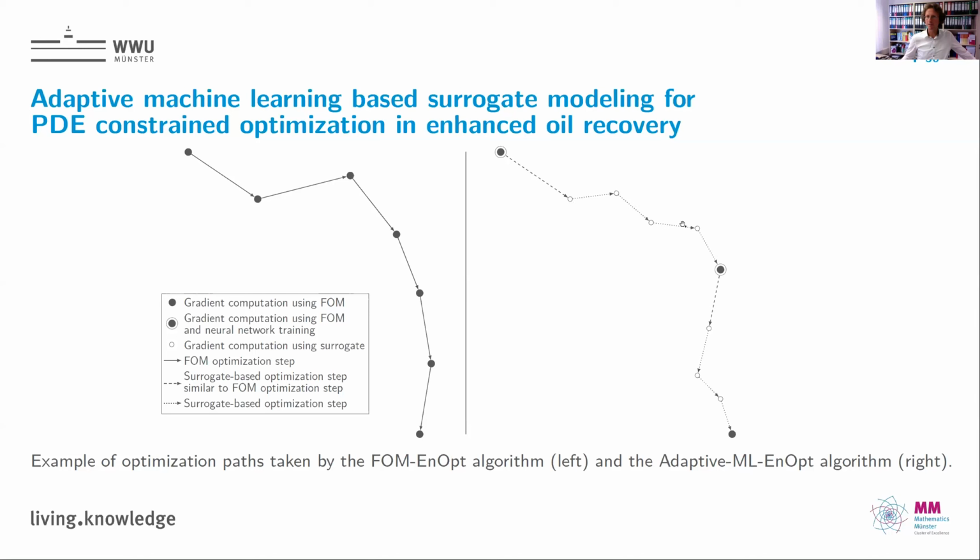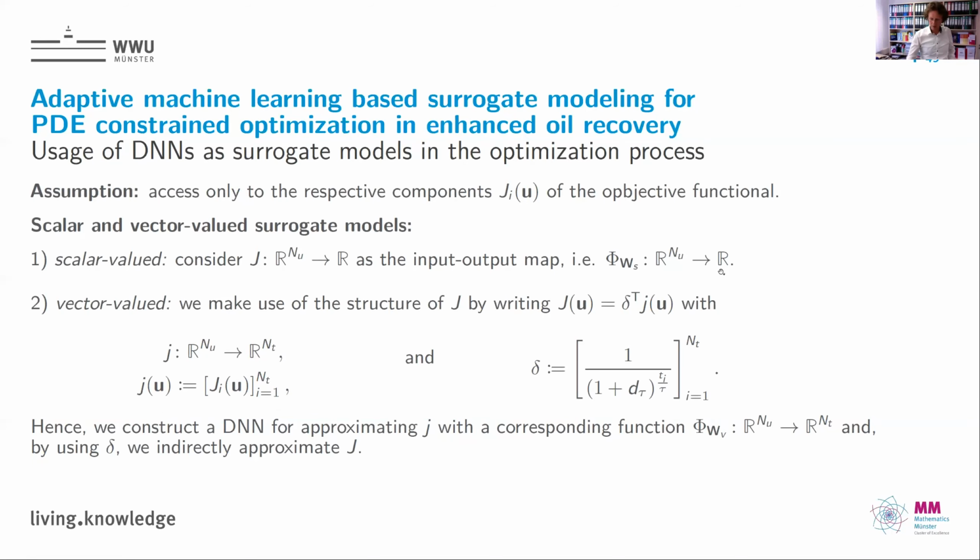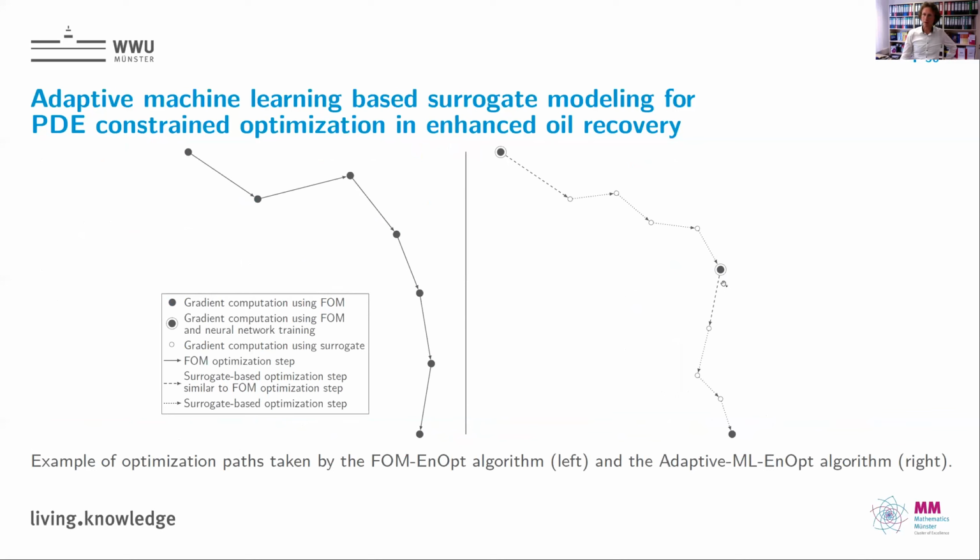And we do an optimization loop, which is very fast until we come to a new point where the machine learning model is already minimized. Then again, we do with the full order model a gradient evaluation. We get a new enriched machine learning model, and we can go on and we find in a very few macro steps the way towards the optimal solution. And these ways in between can be done with just using the machine learning model.